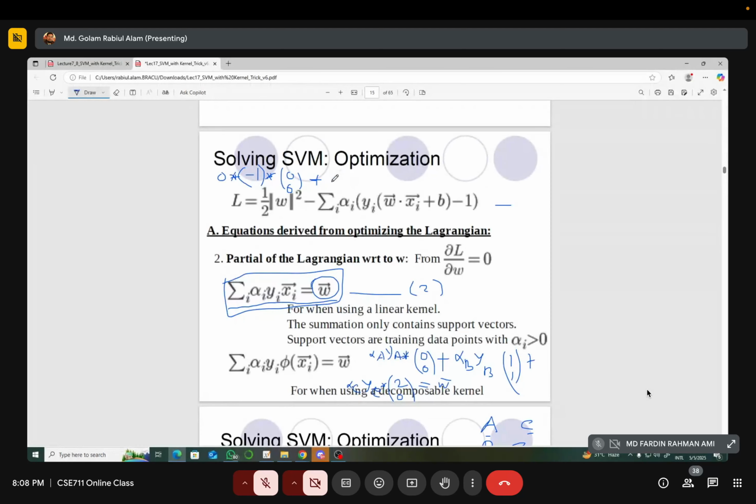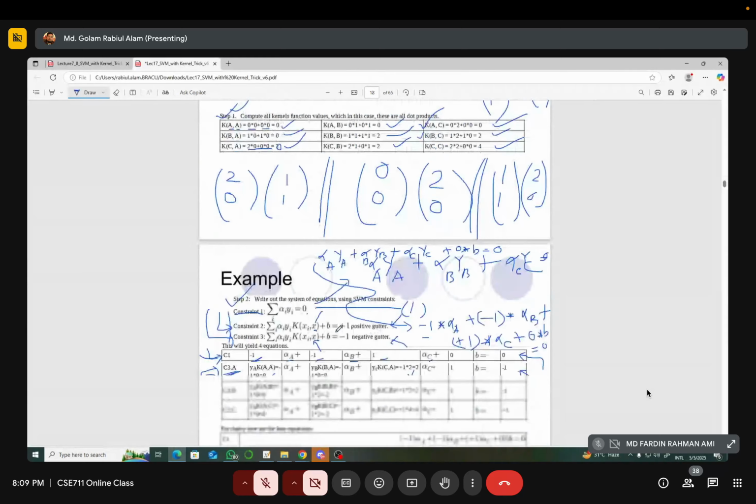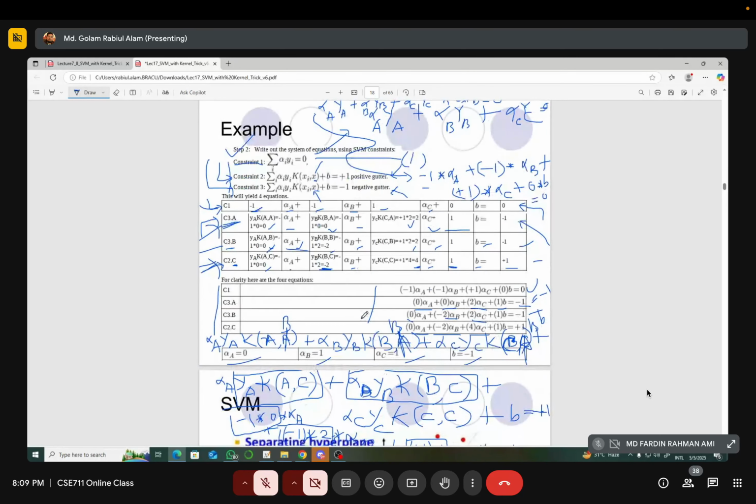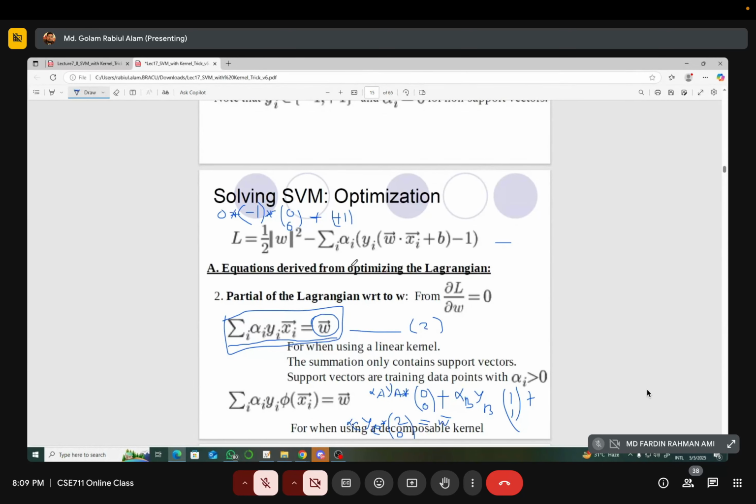Then alpha b. The value of alpha b, we got alpha b is positive 1. Then yb is negative 1, and xb is 1 1.